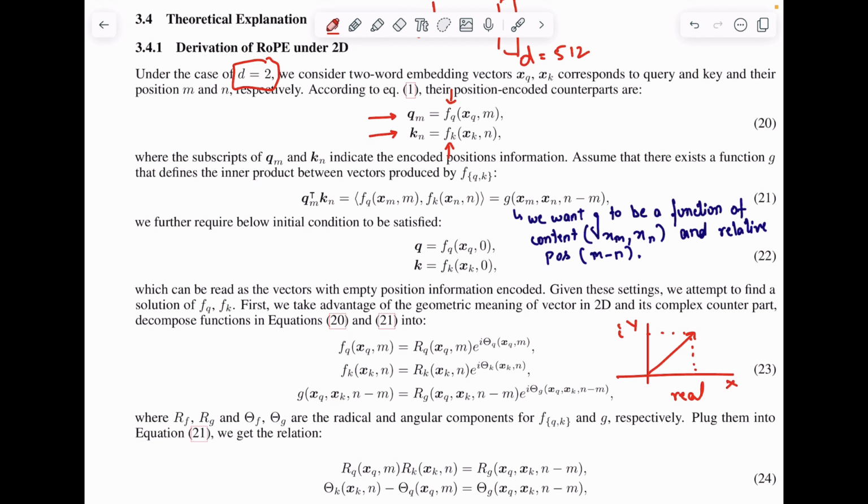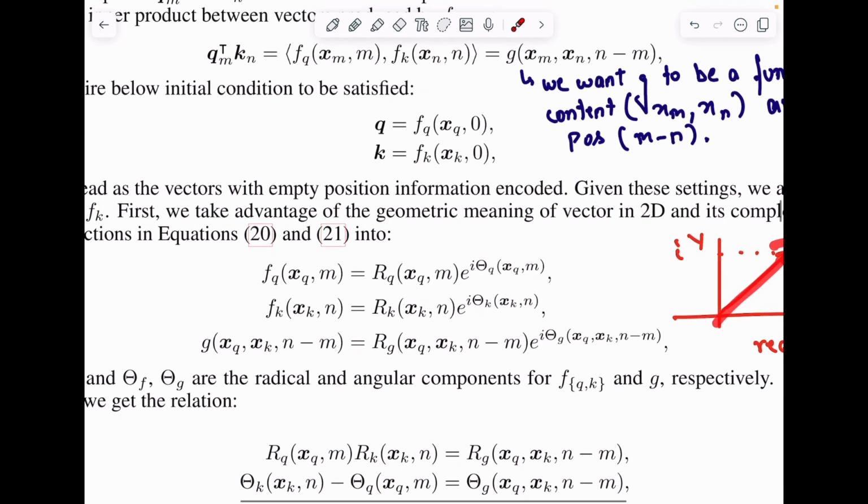This is something called Euler's formula, right? So if you have a vector fq(xq, m), which we have here as qm, then it can be represented using two parts. First is the magnitude of the vector and second is the exponential of the imaginary part times the angle of this particular vector. So this is what they have written.